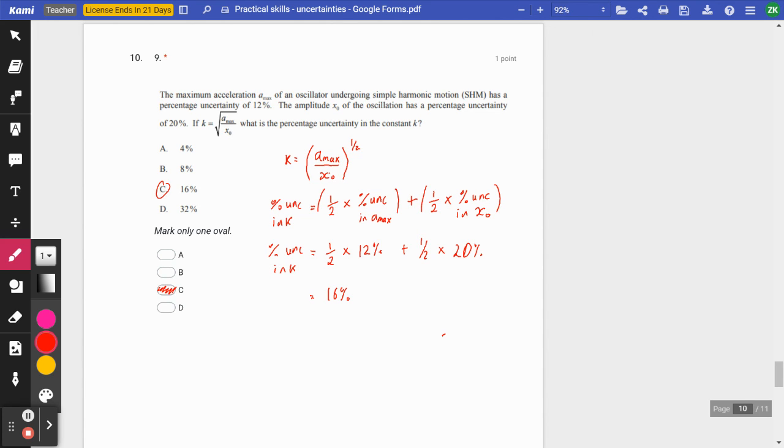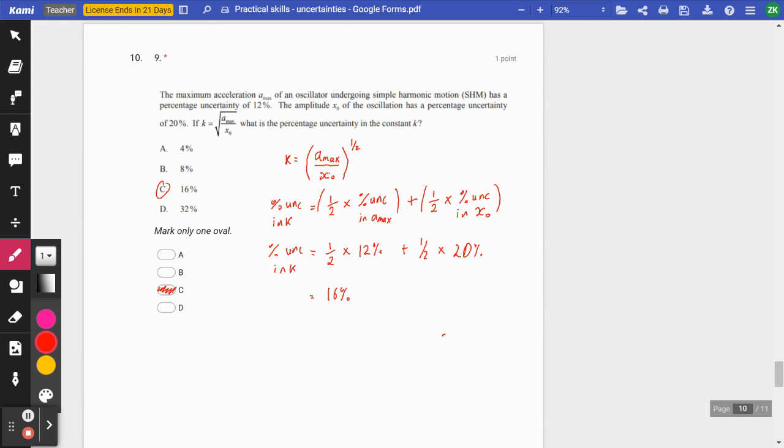Now, doesn't matter what they're called, because we've got the formula, we just look at the formula and we see that because it's division, we add the percentage uncertainties of A and x. But because there's a power of a half here, we do a half times the percentage uncertainty in A max, and a half times the percentage uncertainty in x naught.